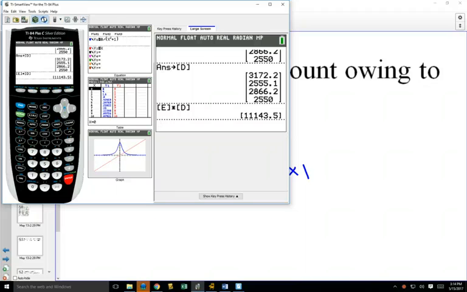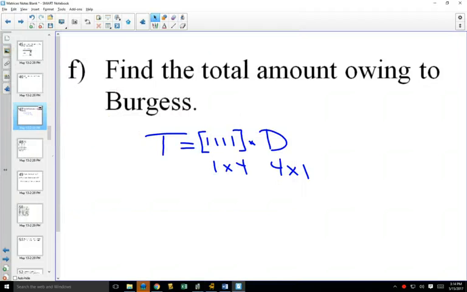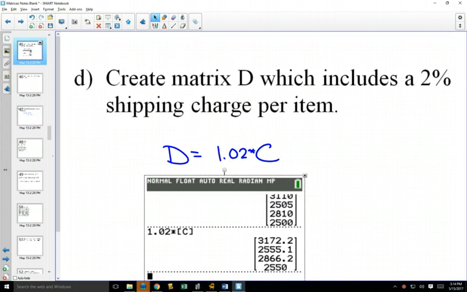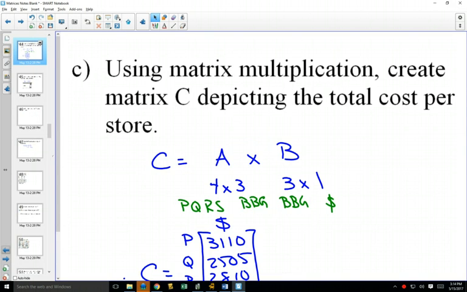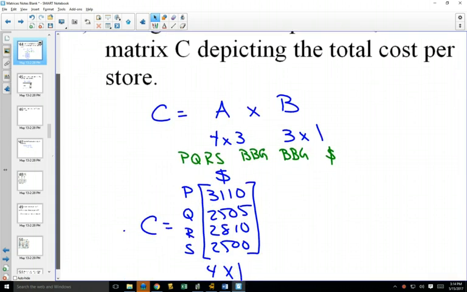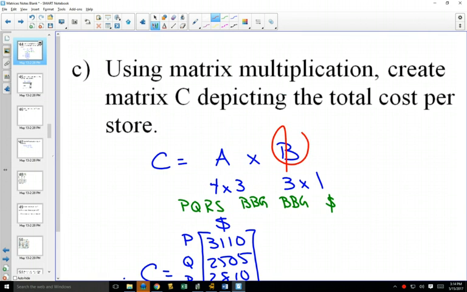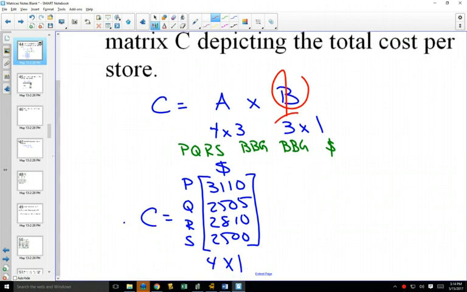So what matrix multiplication can do for you, probably the most important thing, is once you make a bunch of matrices for the data that you have, this multiplying by scalar isn't that exciting, but this one is the key idea here. If you can make matrices where the rows in one of them match up with the columns of the other one, and the items are the same, then multiplying will give you a new matrix that relates to other things, whatever's on the outside.